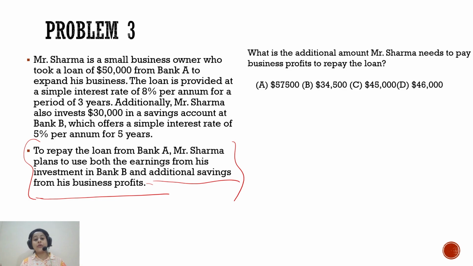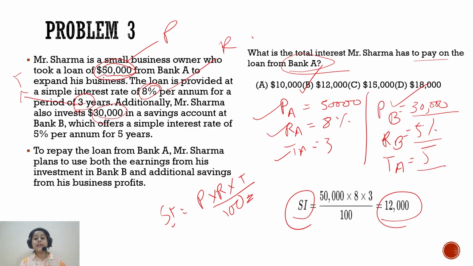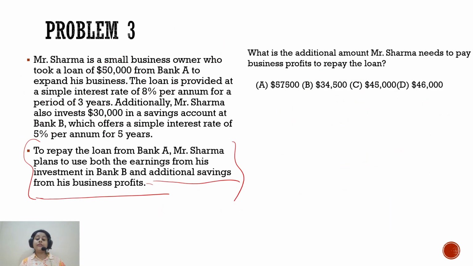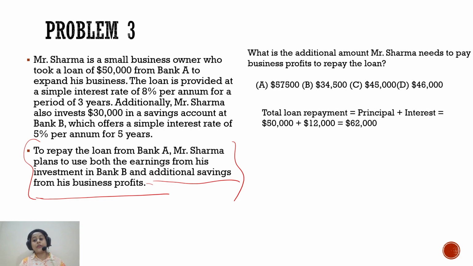Then, for the rest of the amount he has to pay back, what amount is that? He has to pay back 12,000, right? So first we need to calculate how much he will earn in 3 years from bank B. Then the rest he has to pay back from his profit, right?